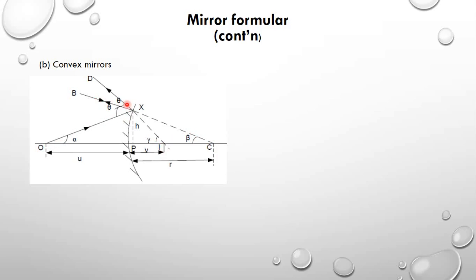So if this is theta, even this is theta, the same procedure. And also if x is very close to P, then this distance h is approximately the distance xp.